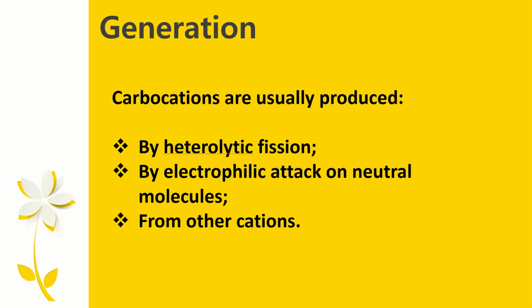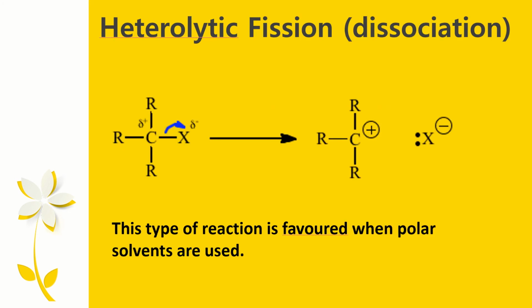And in a similar fashion, we're looking at how they are generated. So they are generated by heterolytic fission or by electrophilic attack on a neutral molecule or from other cations. So here we're looking at all three.